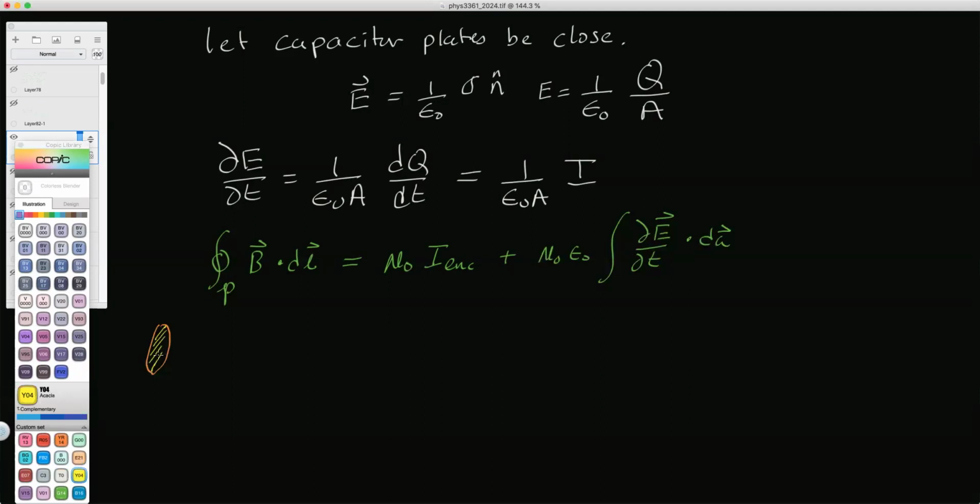We know that this is P, so I'll put P here. Oh, it should have been orange, but whatever. You get it? We know this thing is whatever it is, and that's fixed. And we know that we're going to get μ0 I in our circuit over here.